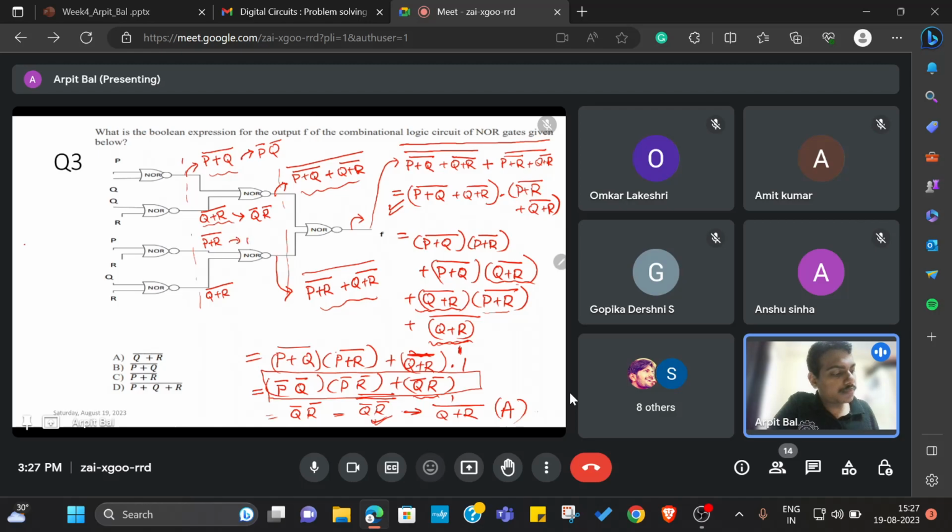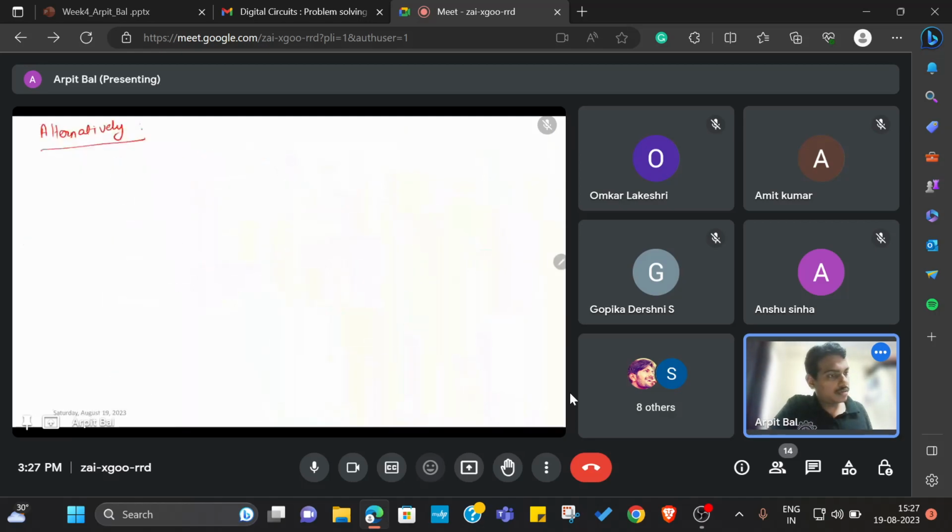This one will be p'·r', and this one will be q'·r'. So I can write the final result like this: (p'q' + q'r')' + (p'r' + q'r')', and the whole bar over it, because it is a NOR.